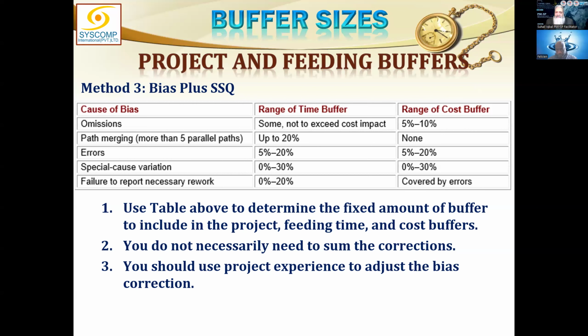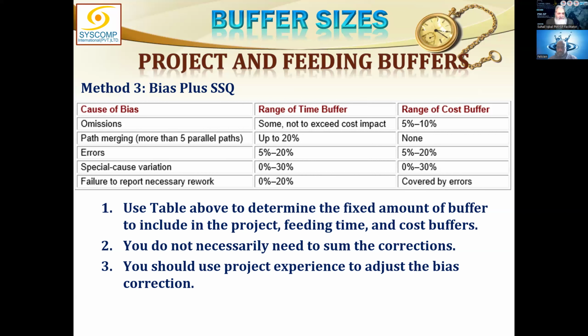Errors: 5 to 20% cost buffer and time buffer. Special cost variations: 0 to 30% time buffer and cost buffer. Actually, the idea of buffer is not limited to time. We can control cost with it too. Therefore, we have the concept of cost buffer. Failure to report necessary rework: we have 0 to 20% in time buffer.